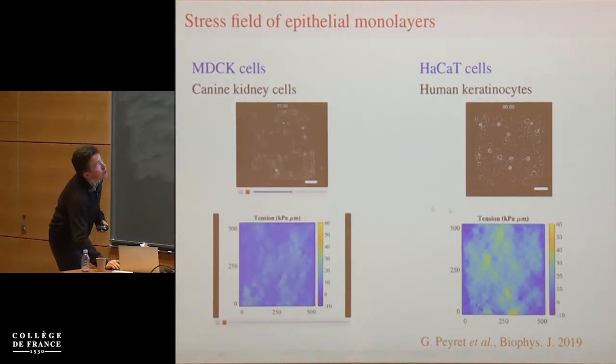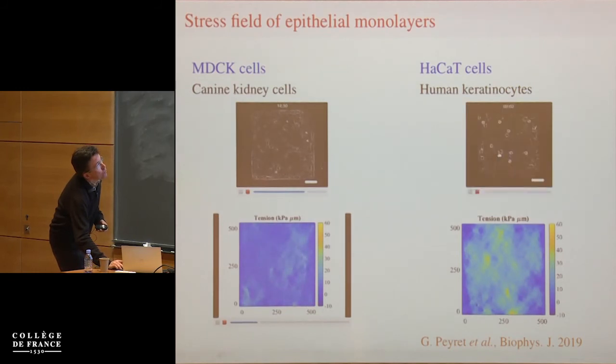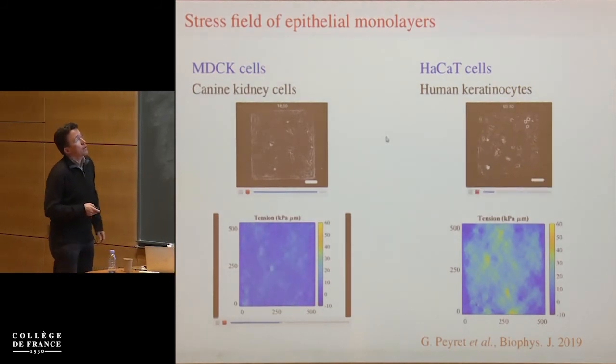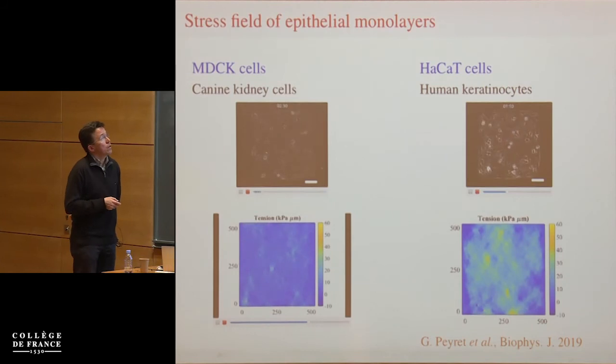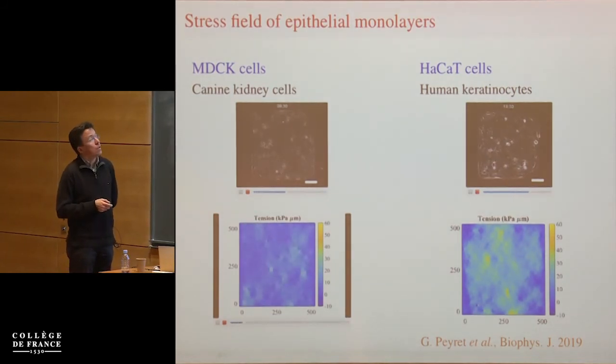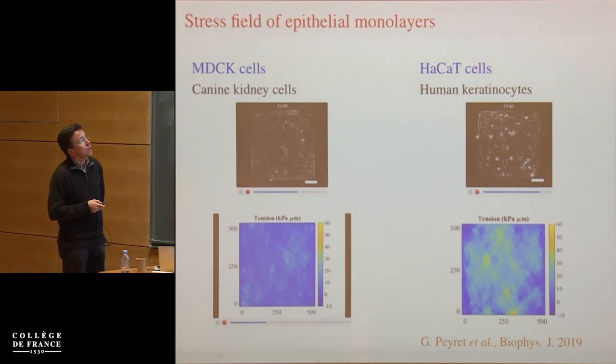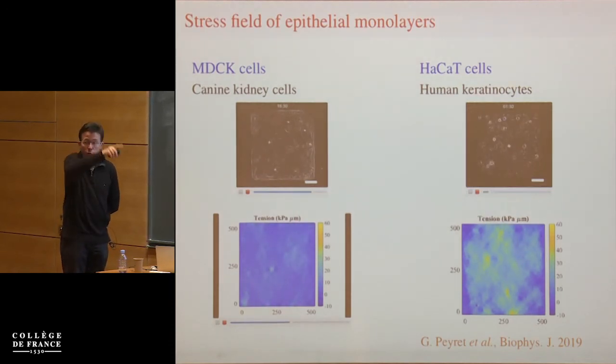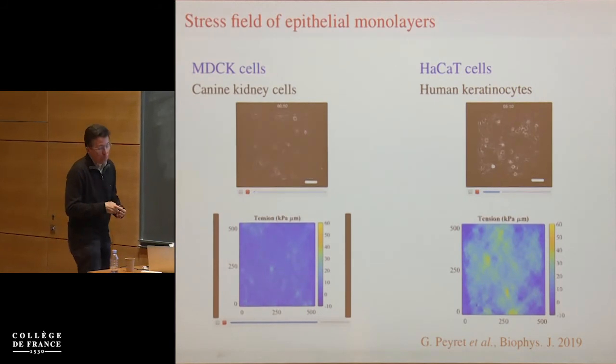And now if we change cell types and switch to HaCaT cells, human keratinocytes, we see a lot more activity, and we see coherent oscillations appearing in the system, and a global motion of rotation.